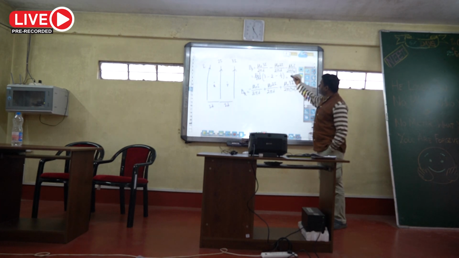So this one will become 2 by 3 into mu naught I by 2 pi d.